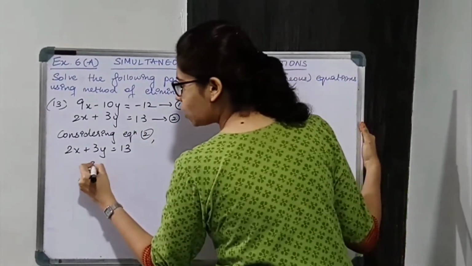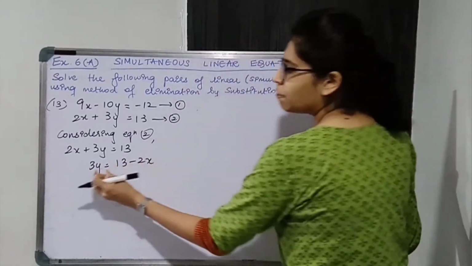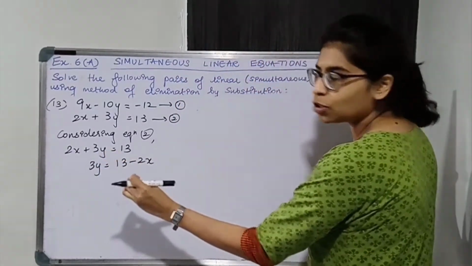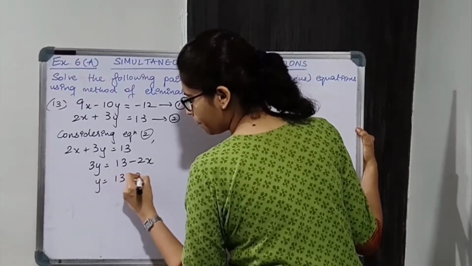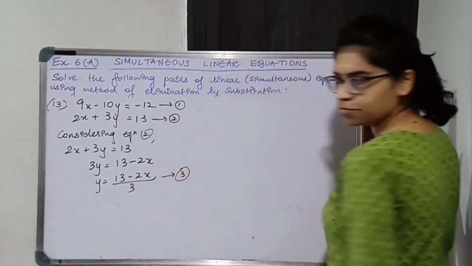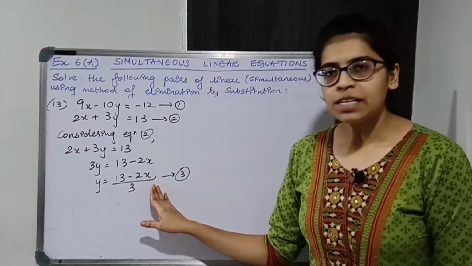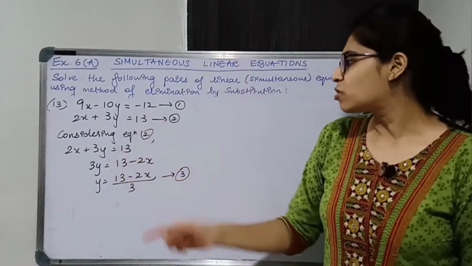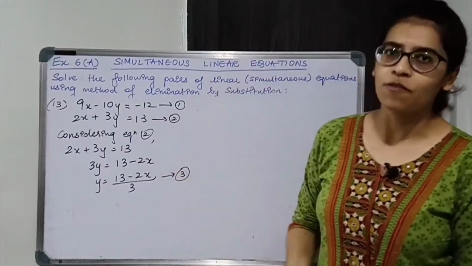ठीक है, so y को as it is रखते हैं, x को shift कर देंगे. y I want alone, not with some number, so let's shift 3 on the other side, so it will go in denominator. We got y in terms of x. This we'll substitute in the other equation. We considered equation 2, so we'll substitute in equation number 1.